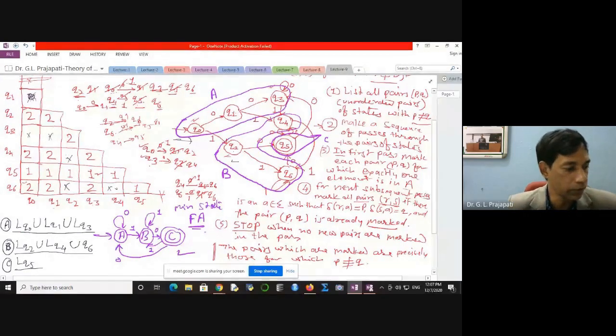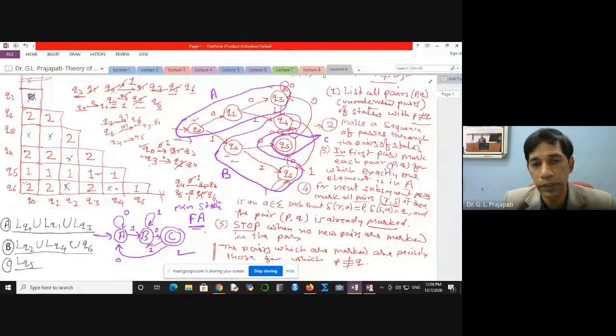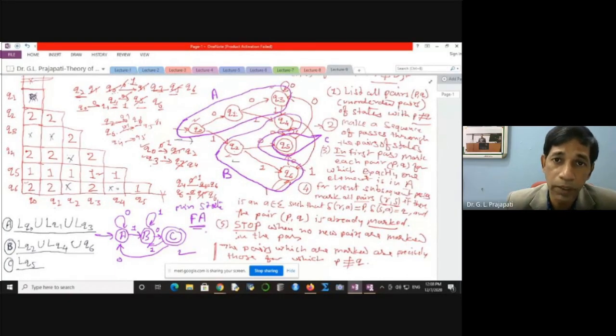In this way, we come to know how we can obtain the minimum state DFA by using the table filling algorithm. Table filling algorithm is a more systematic way compared with determining the equivalence classes from the given language accepted by the FA; it is a more explicit way to determine the equivalence classes.